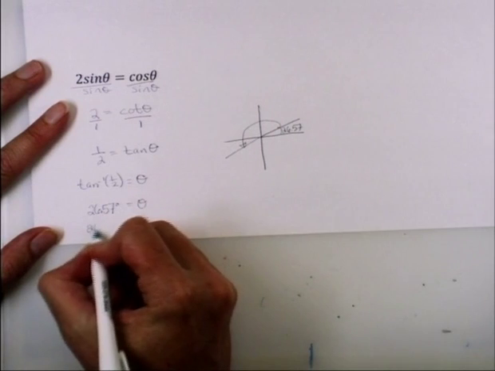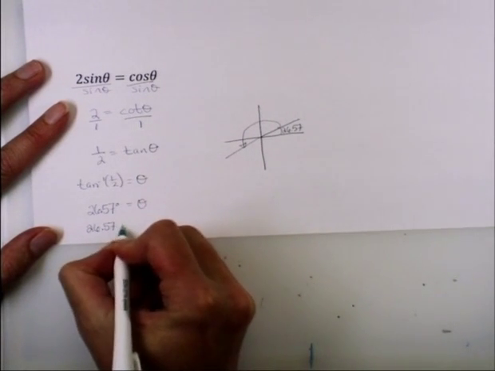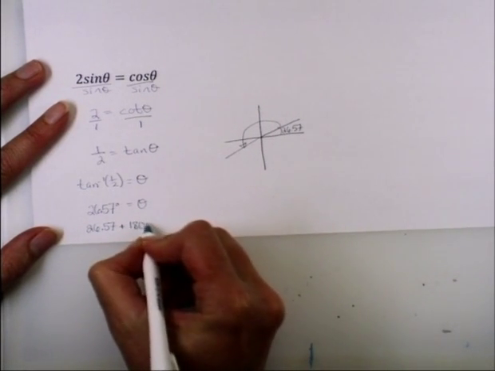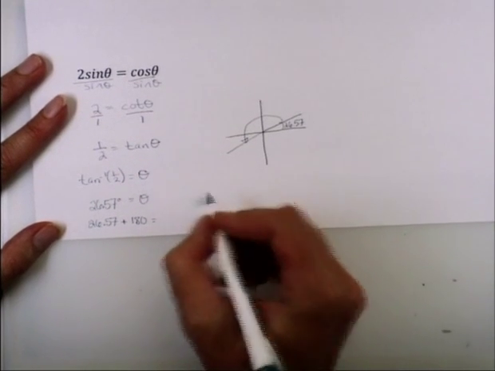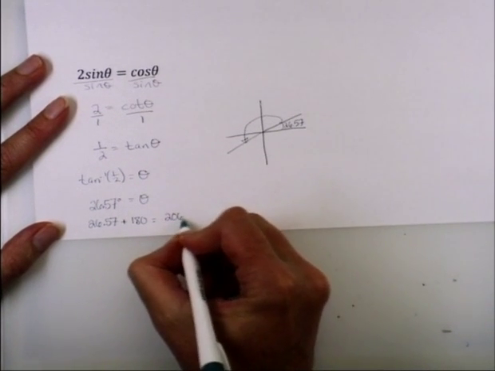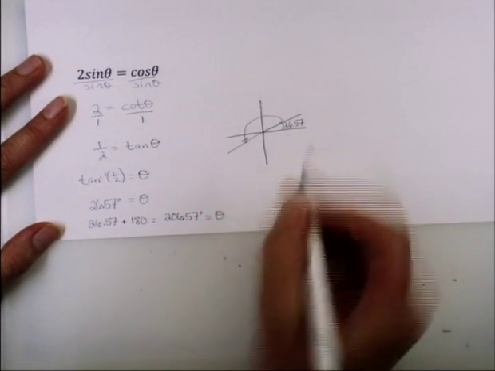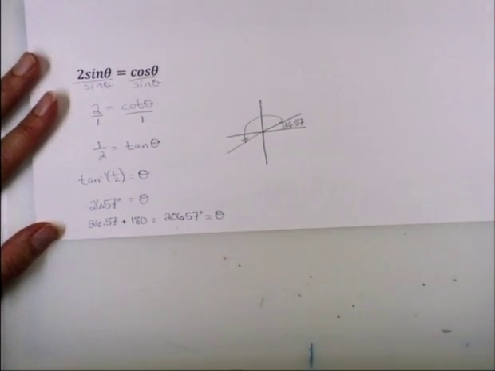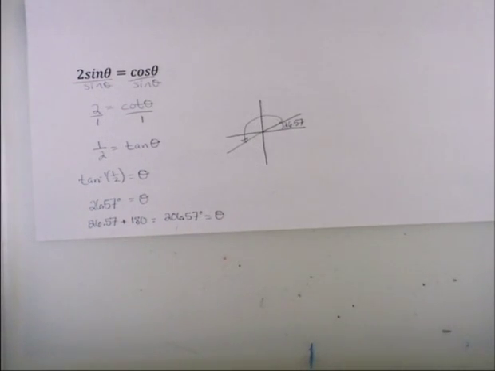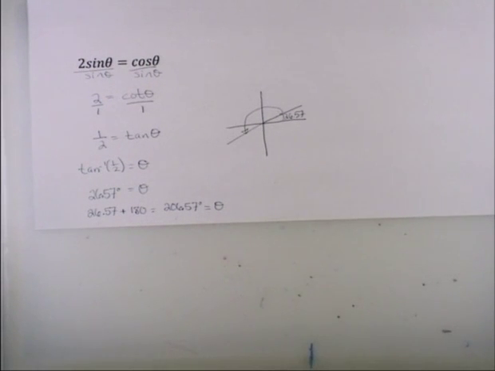So I have that one, and I have 26.57 plus 180, which is equal to 206.57 degrees. So this one has 2 solutions in it. Okay, it's not repeating by 2 pi. Tangent repeats by just pi. So that's the answer to the last one.